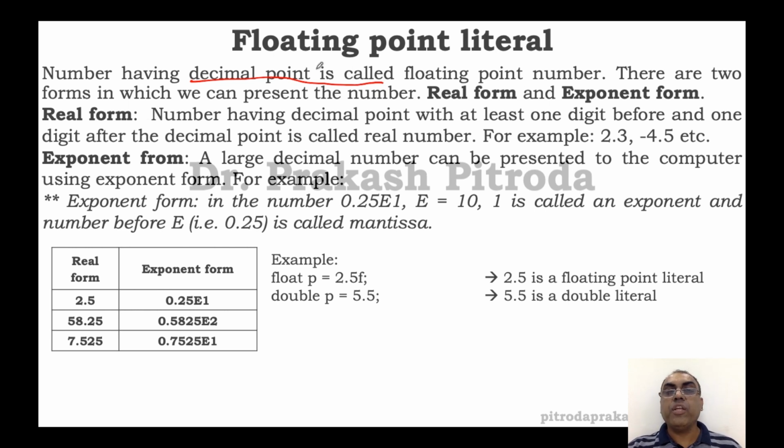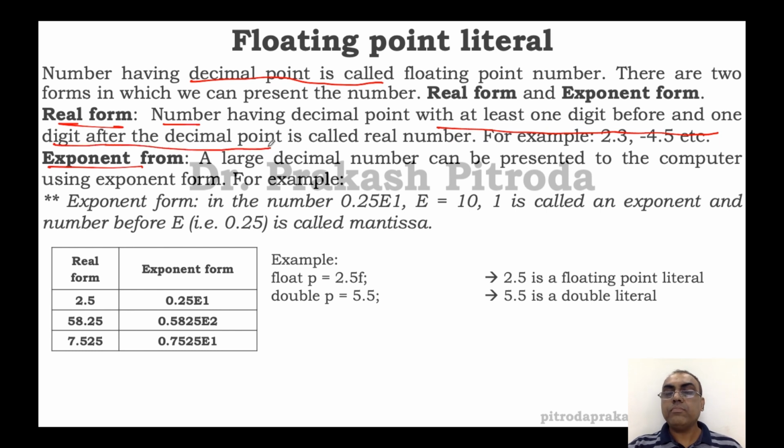When I say a floating point literal, I can write it in two forms. I can store it in a computer using two ways. One is the real form. What is the real form? The real form is a number with at least one digit before the decimal and one after the decimal.